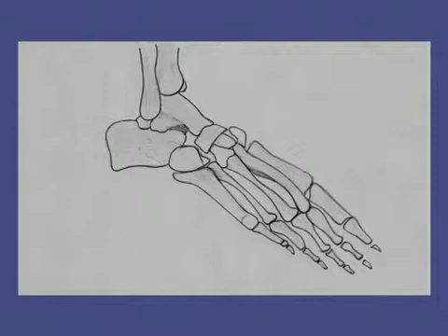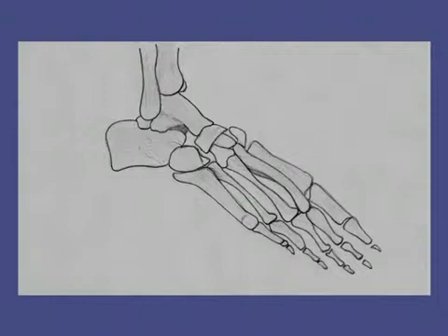Now, the next type of joint is the interphalangeal joint. The interphalangeal joint is the joint between the phalanges. It is a synovial hinge type of joint. A hinge type of joint has only 1 degree of freedom, that is, the motion available is flexion and extension.